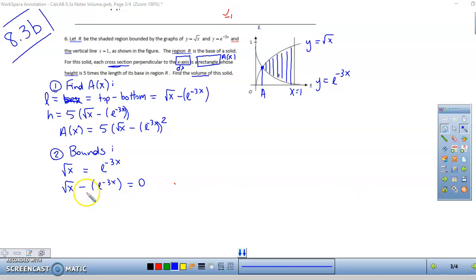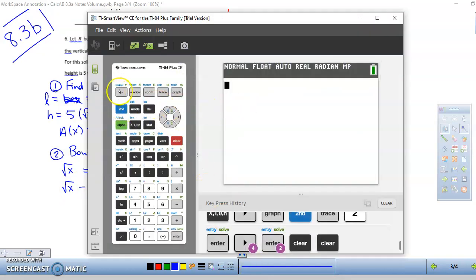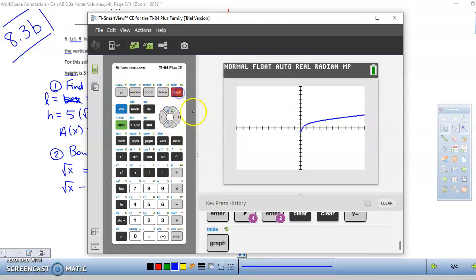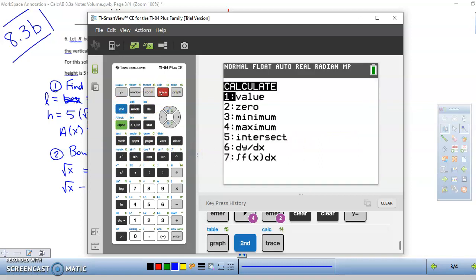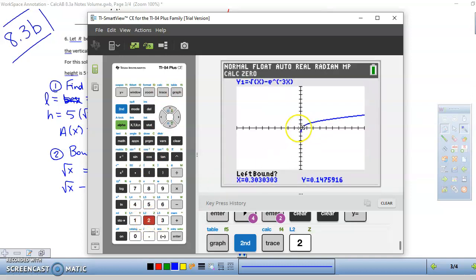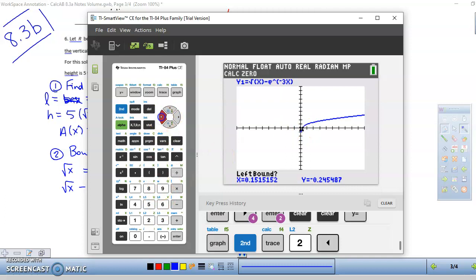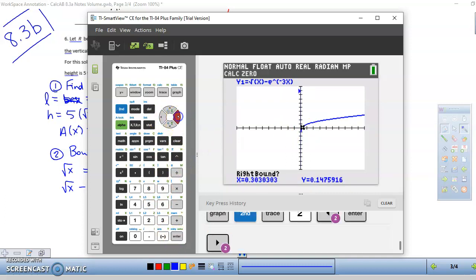So if you want to try and find the bound, the A value, by yourself and store it, try that on your own right now. Okay, and then we'll come back. I'll go through it. Basically, you're going to plug this into y equals. I did that already here. I'm going to graph it. So there's my graph. Then I'm going to find that zero, which should coincide with the x value of the intersection. I'm going to go to the left, enter, to the right, enter, and then enter one more time.